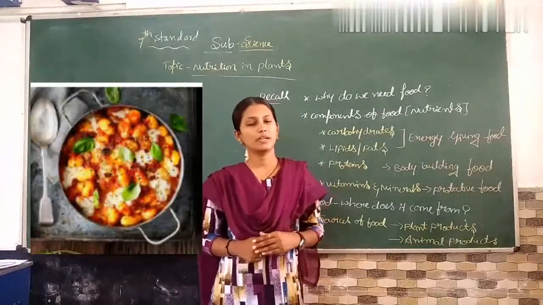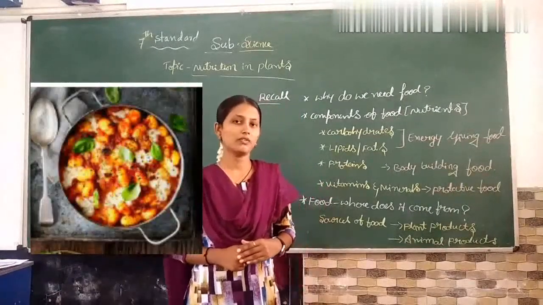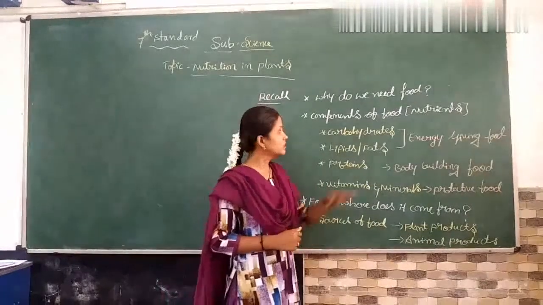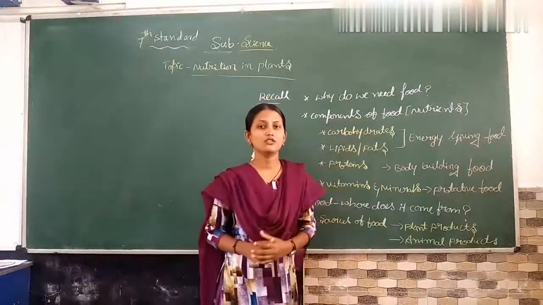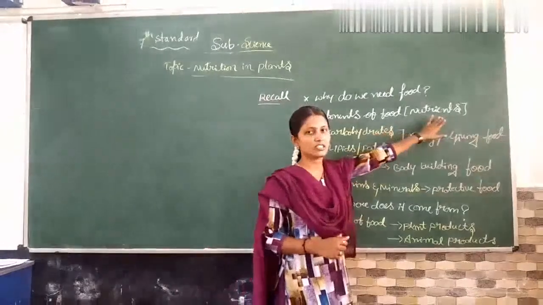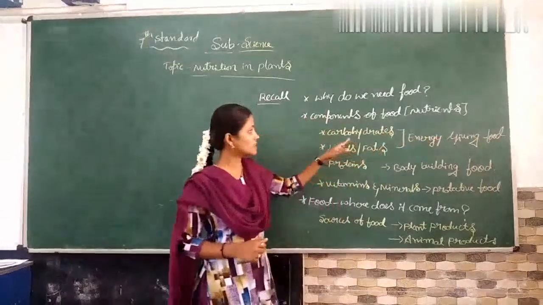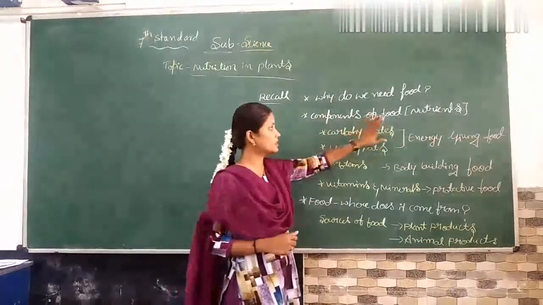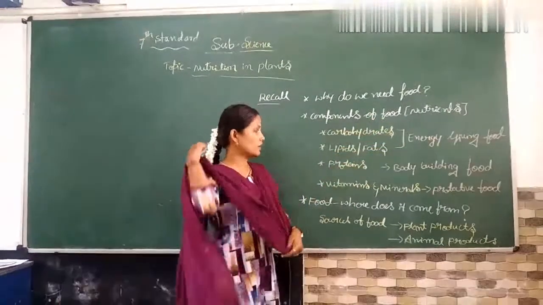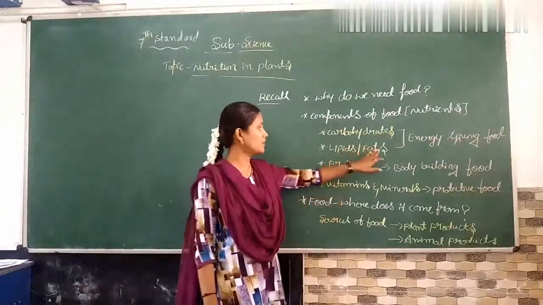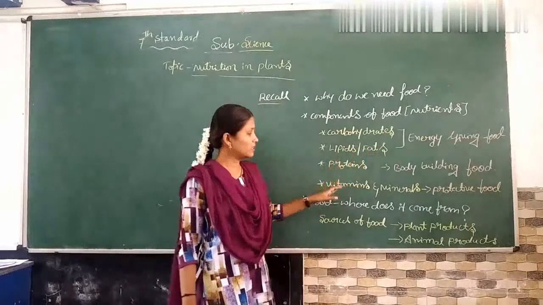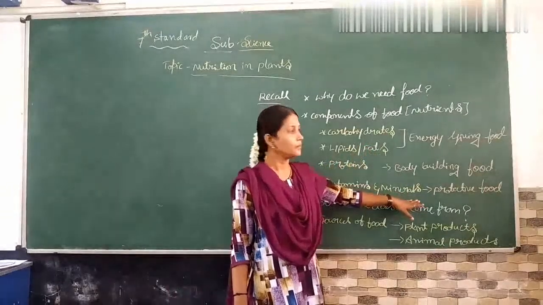Then what is food made up of? What are the components of food? The components of food we also call nutrients. The components of food are carbohydrates, lipids and fats, proteins, vitamins and minerals.